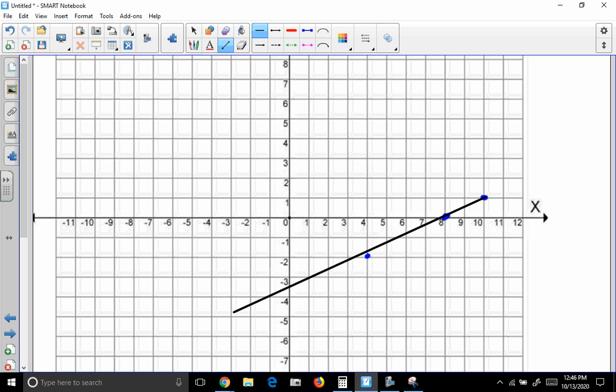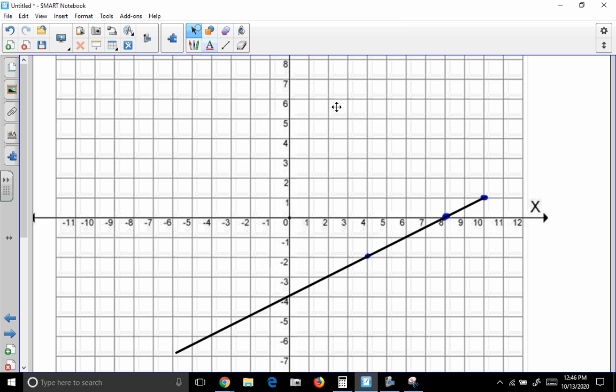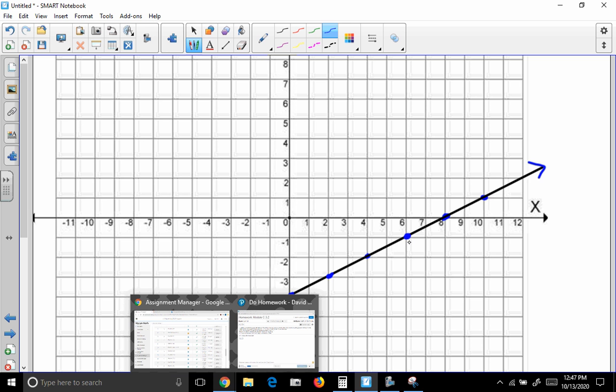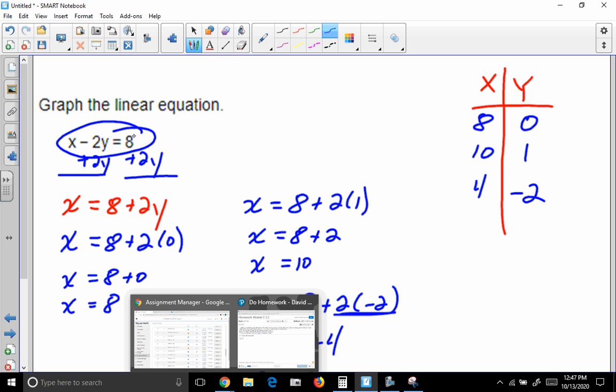And connect those. So any place that that line touches is a point that's a solution to our equation. You could put a dot anywhere on this graph, and any ordered pair that our line touches would be a solution to that equation.